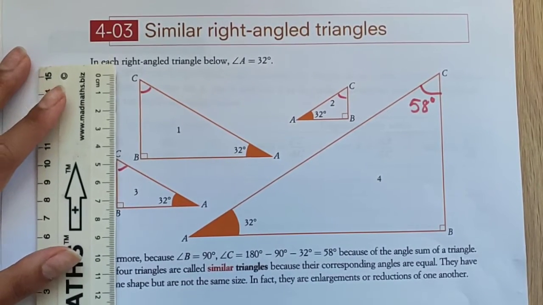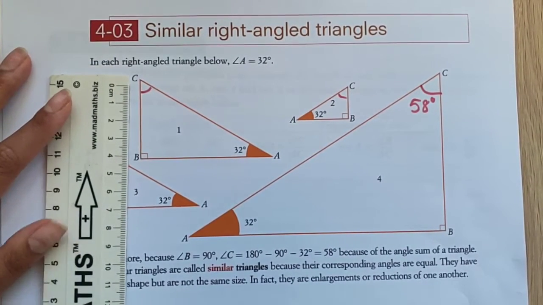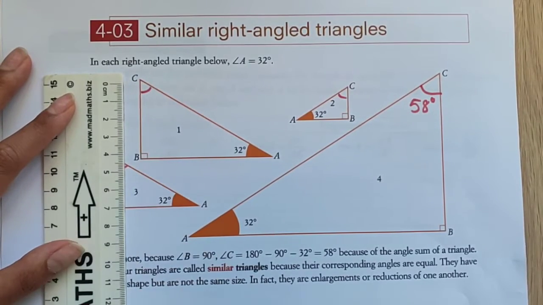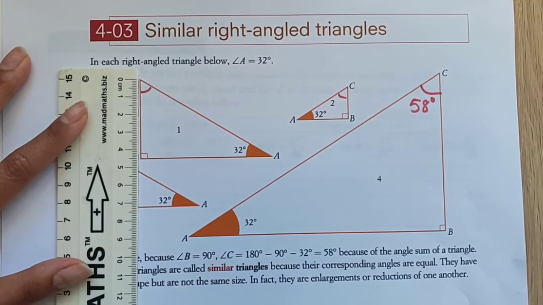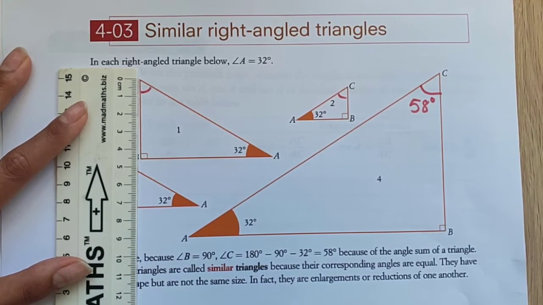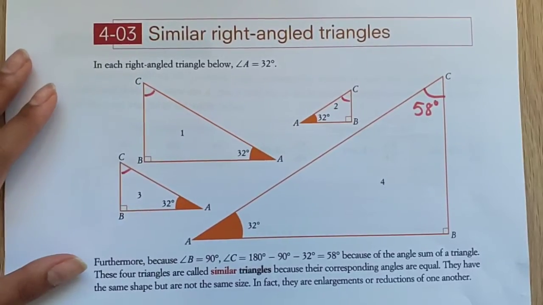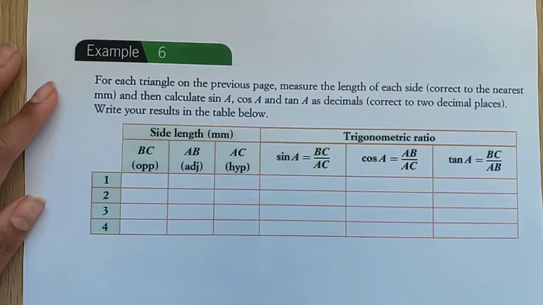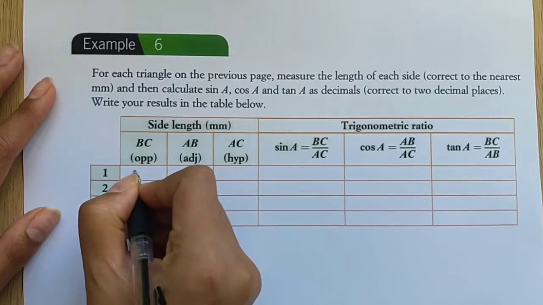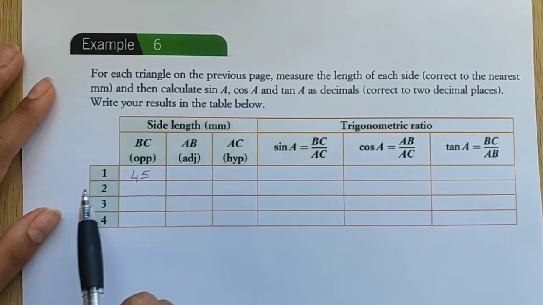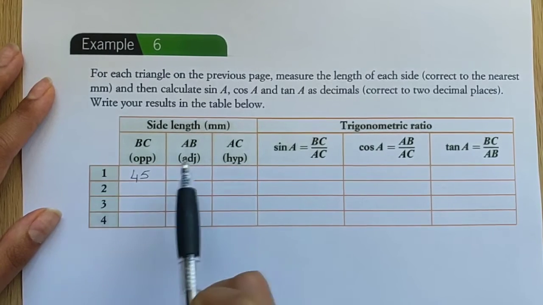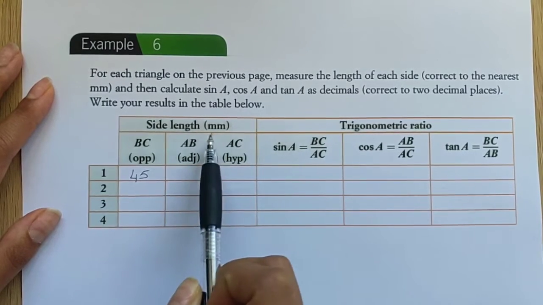I've got a ruler here in centimeter, and I want to measure the first right angle triangle. It looks like it's approximately 4.5 centimeters. Since I want my answer in millimeter, 4.5 multiplied by 10 would be 45 millimeter.